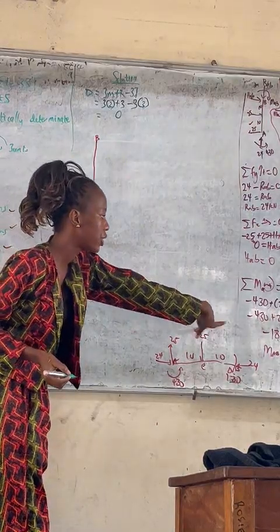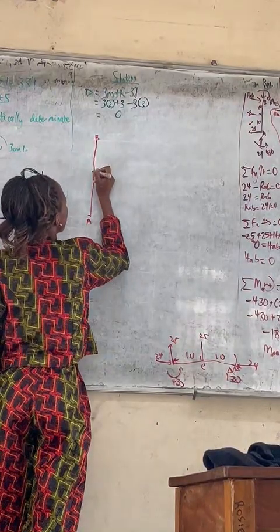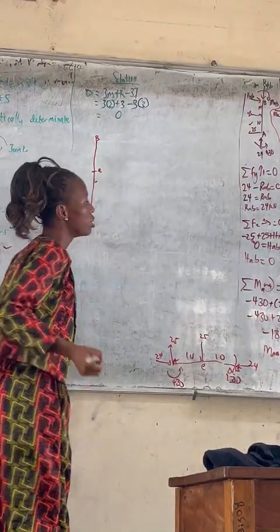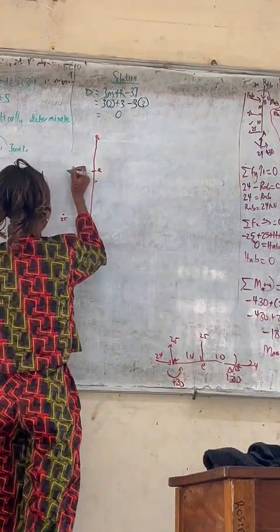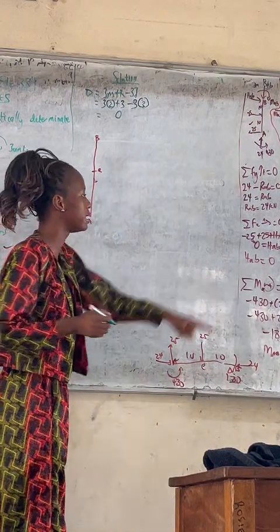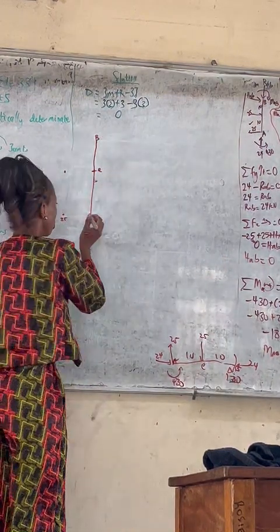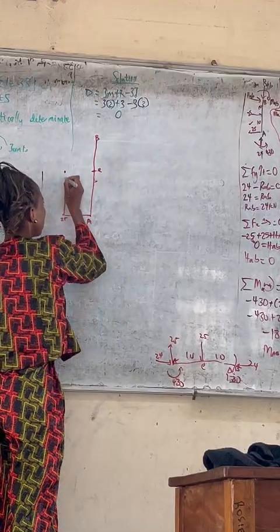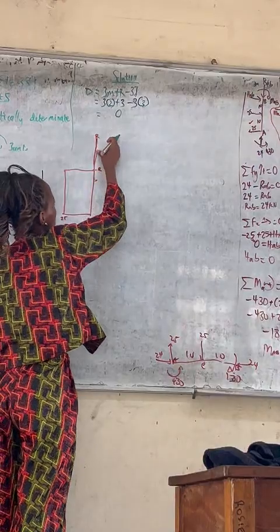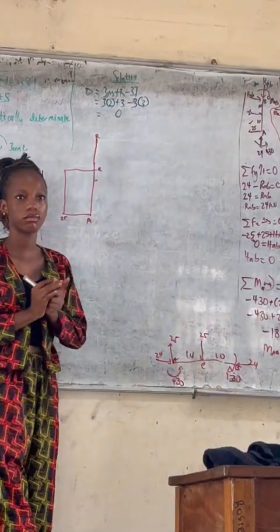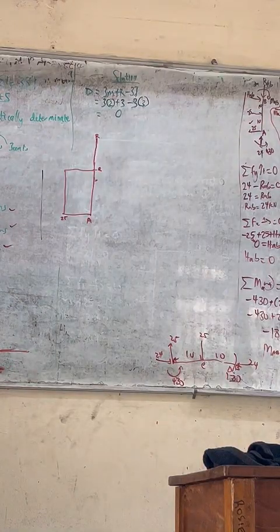At E, the first E prime is what? 25 also. Then E itself is what? 0. So if you come like this, go like this, come like this. Join the shear first. You can see that it's similar to what we have here.